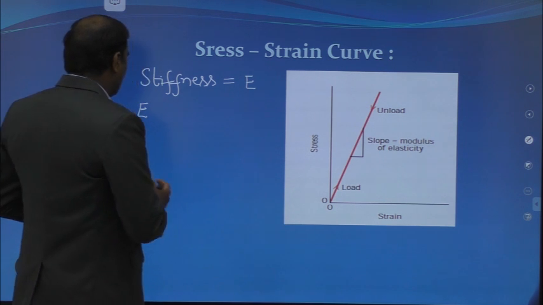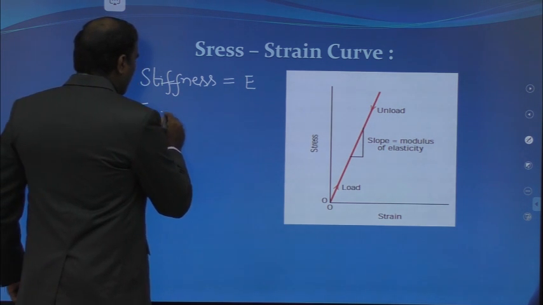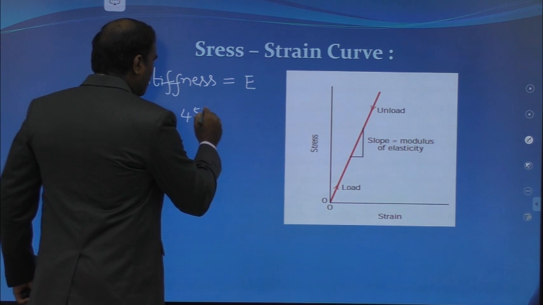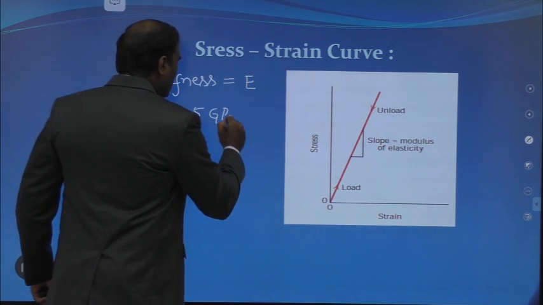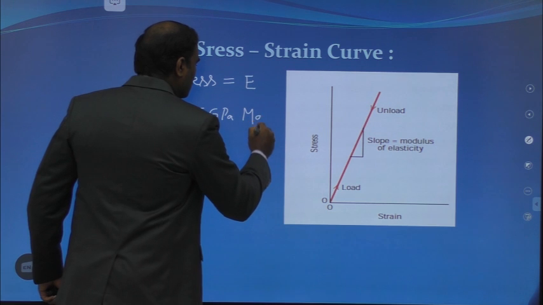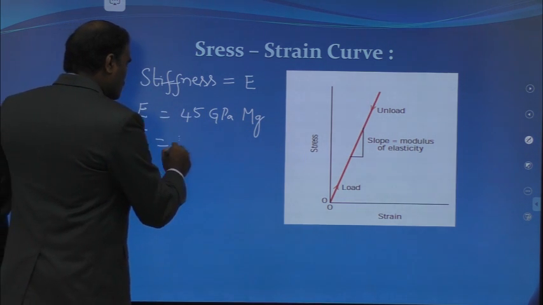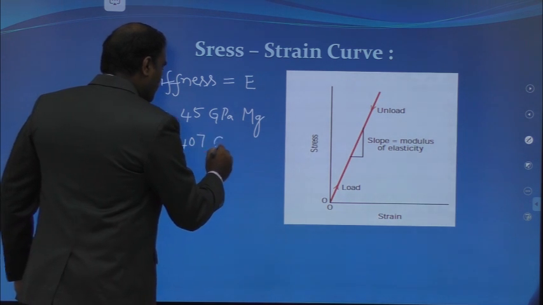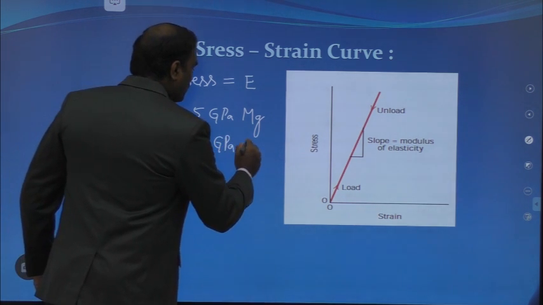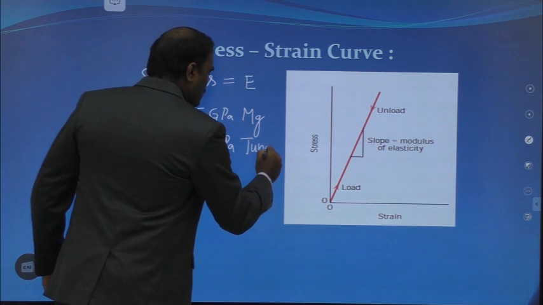For example, E is equal to 45 gigapascal for magnesium, and E is equal to 407 gigapascal for tungsten.